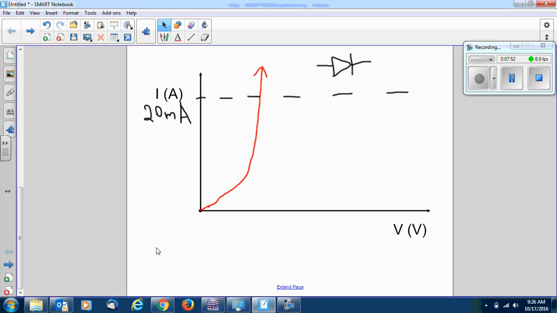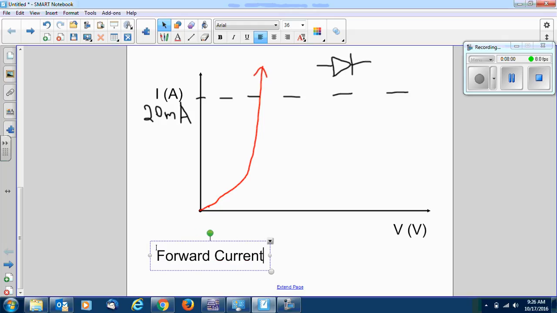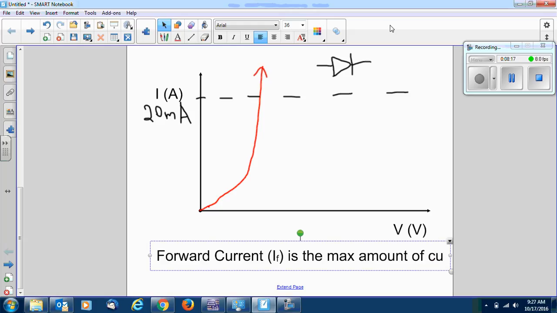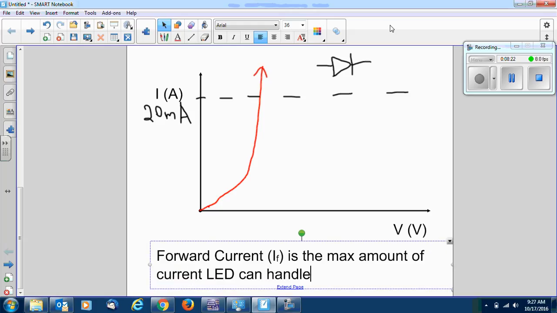This is the maximum amount of current that the LED can handle without burning out. So you really should not exceed that number.